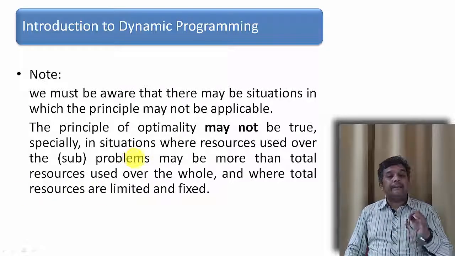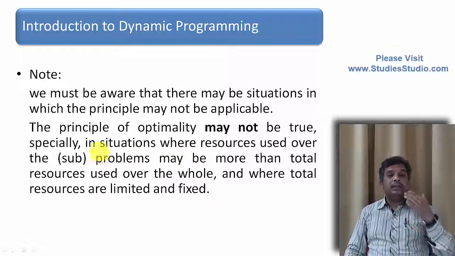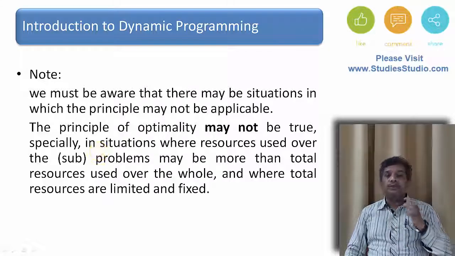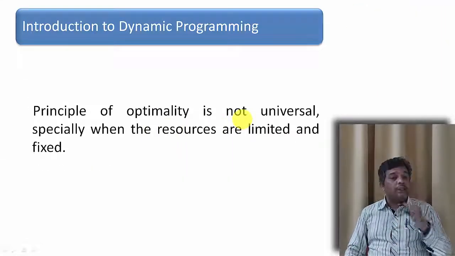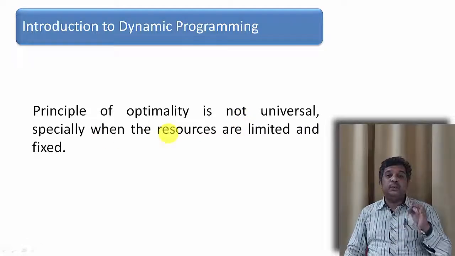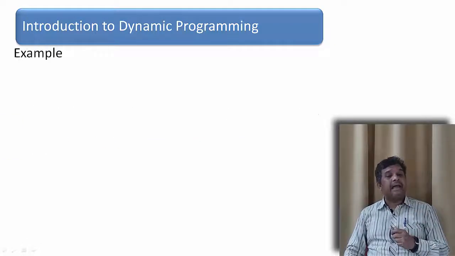We'll take an example to understand how the principle of optimality is not applicable everywhere. So the principle of optimality is not universal, especially when resources are limited and fixed.